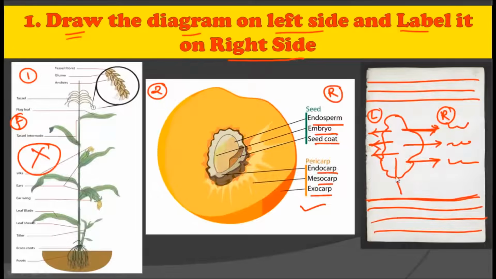All right. And to draw the diagram, the blank pages are very good pages to draw the well labeled diagram. And fortunately, in the UPSC mains examination, we have blank pages for writing the answers, right? So the very first rule you have to remember is that you should draw the diagram on the left side of the page and label it on the right side so that it will look symmetrically accurate.